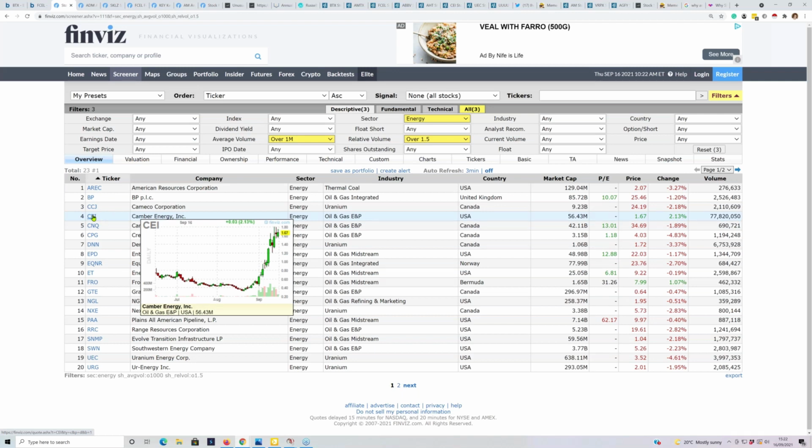This is what I mean. I can't move my cursor because I will lose the chart, but you can see the consolidation. It's been drifting lower. Then, not suddenly, but look before it really took off, you can see the volume starting to creep up, and then it starts to go.